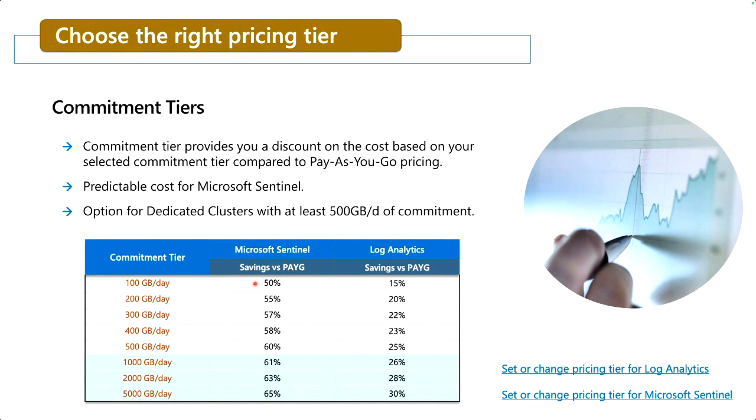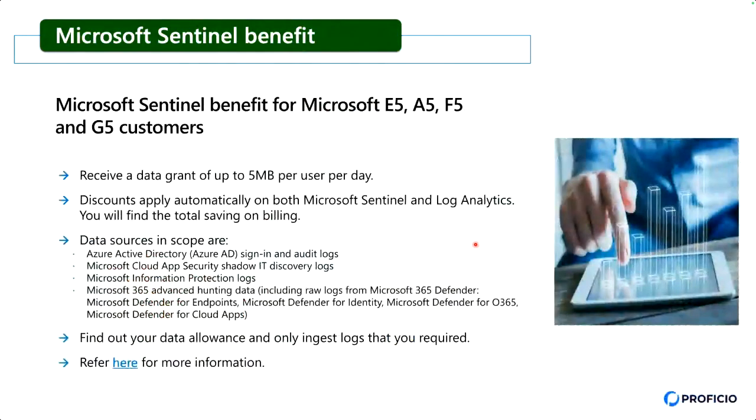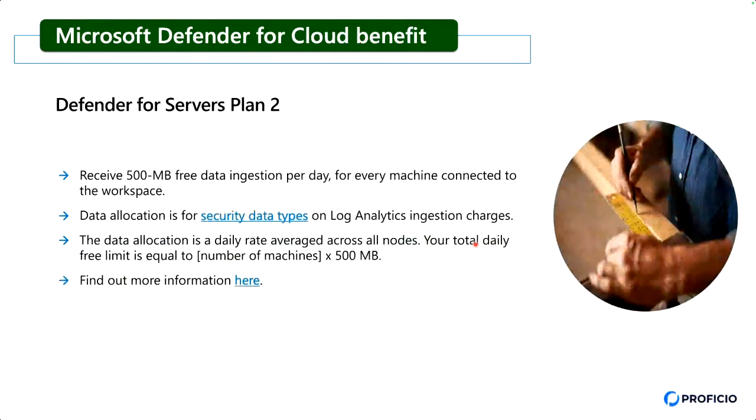You can save up to 65% for data processing and up to 30% for data ingestion when you use a commitment tier. I've also touched on the Microsoft Sentinel benefit: the Defender for Servers plan includes 500 megabytes of free data ingestion per day.